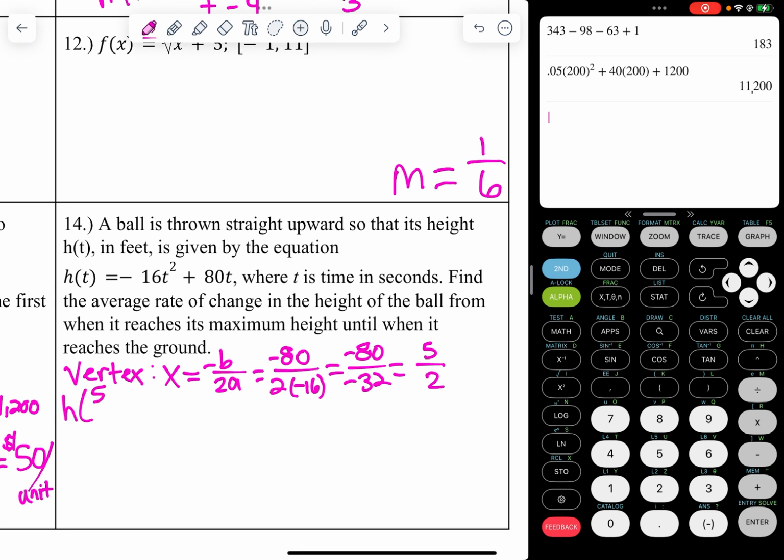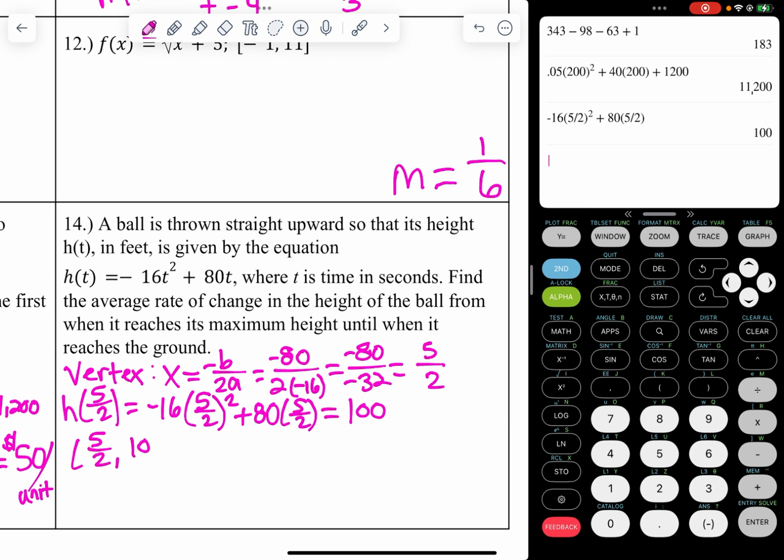So then I need to substitute that into my function to find its corresponding y value. And so we get 100. So the vertex has coordinates 5 halves, 100.